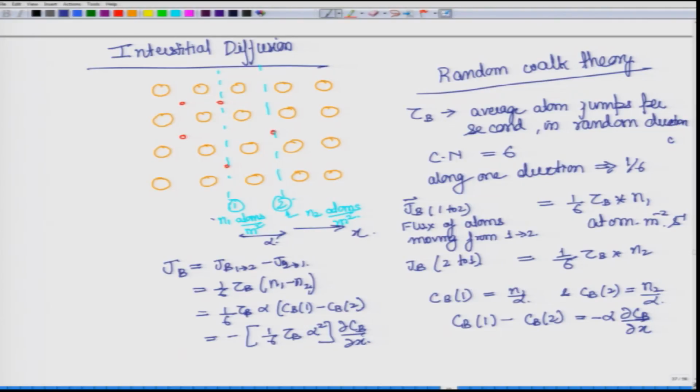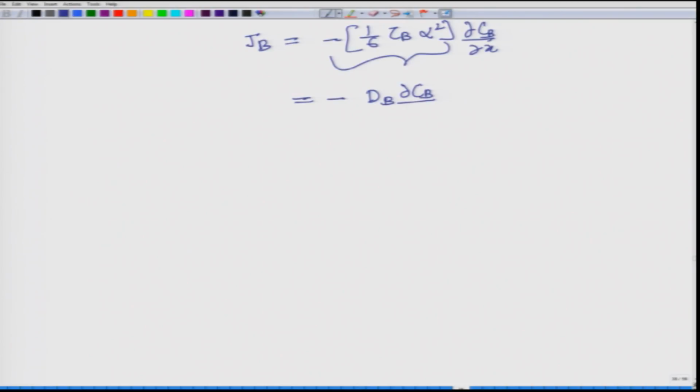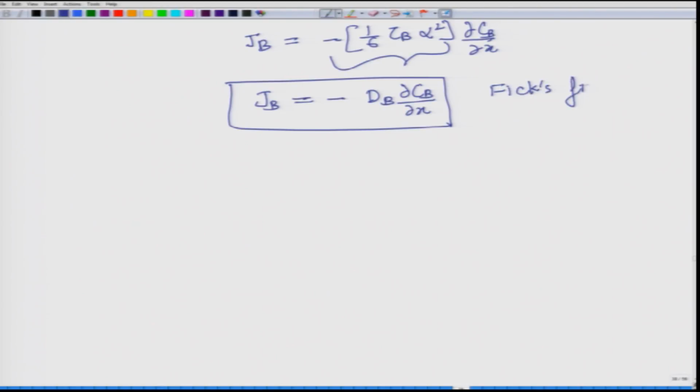Now, at this point you would start to see that this looks like a familiar equation. So, what is this equation? Jb equal to minus 1 by 6 tau b alpha square del Cb by del x, and if you replace this by the quantity called Db, then you would be completely convinced that this is an equation that you already know, which is also called Fick's first law of diffusion.